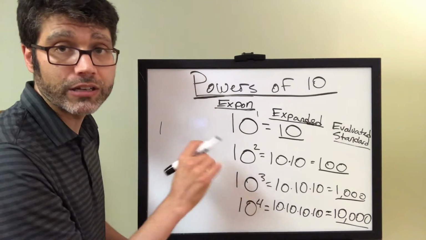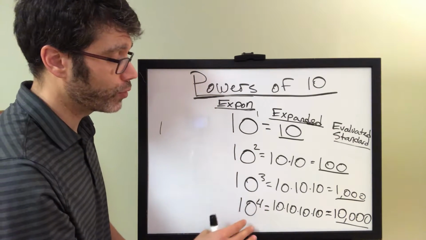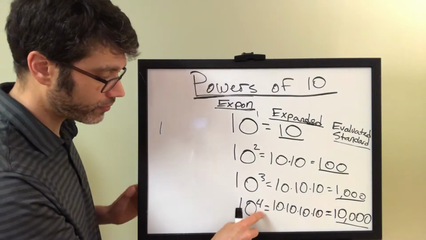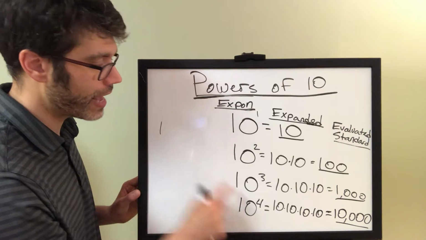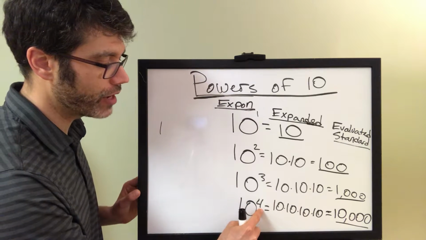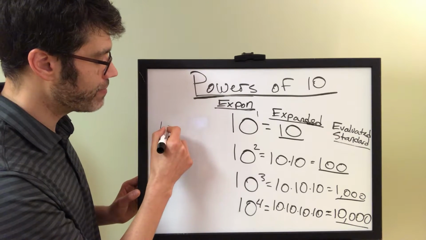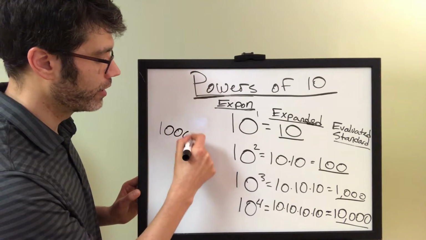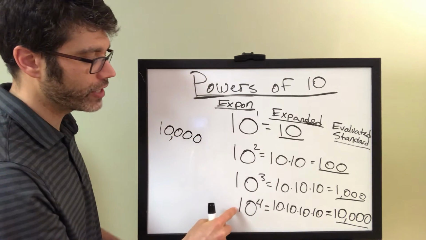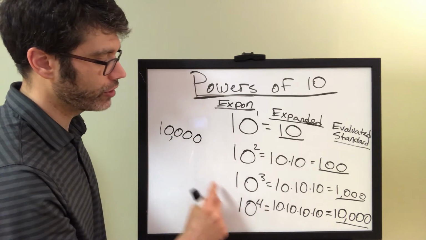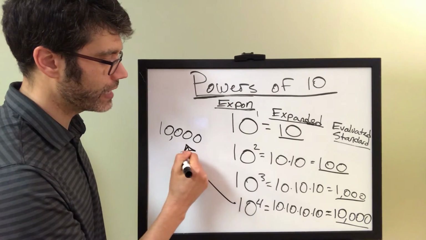And this is only going to be true when you have a base of 10. So here you're going to write 1 and then however many zeros the exponent is telling us to. So that's why 10 to the fourth is the same thing as 1 with 4 zeros. So that's a quick way to convert from exponential notation to its standard form.